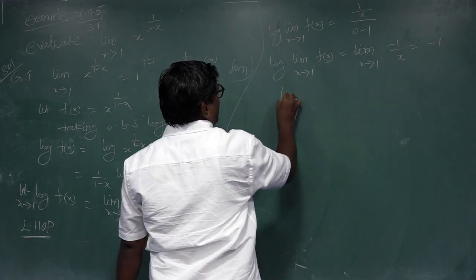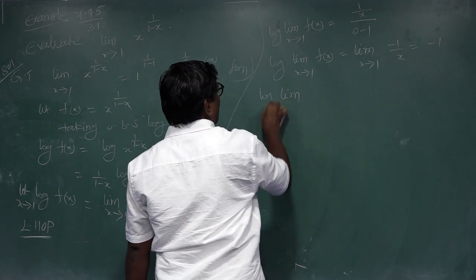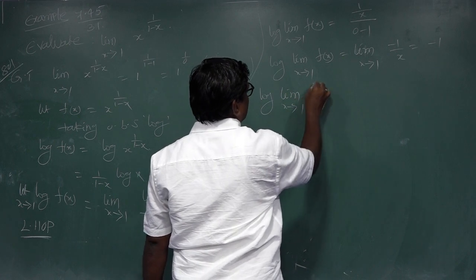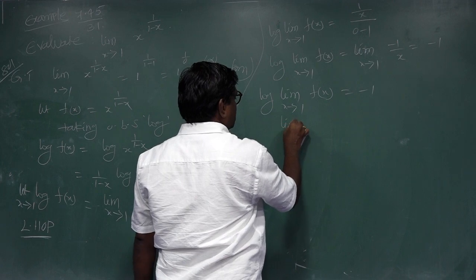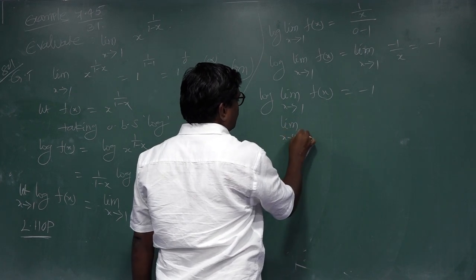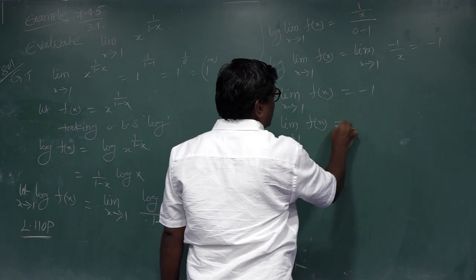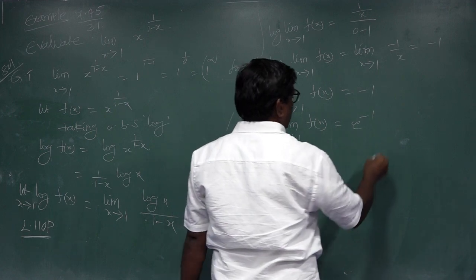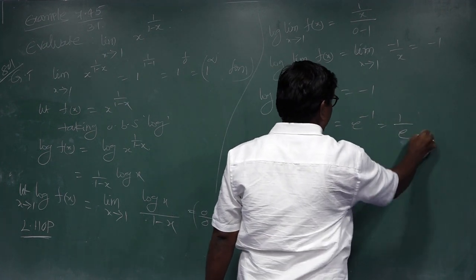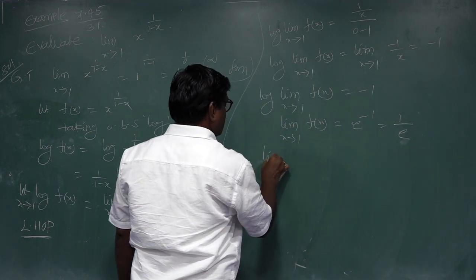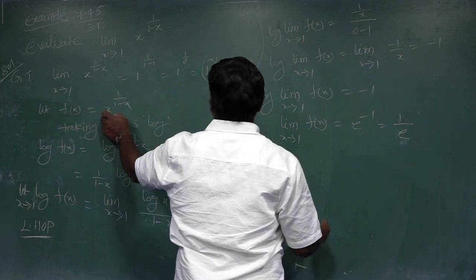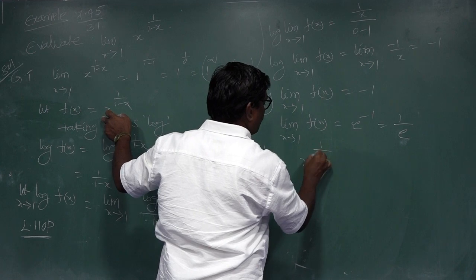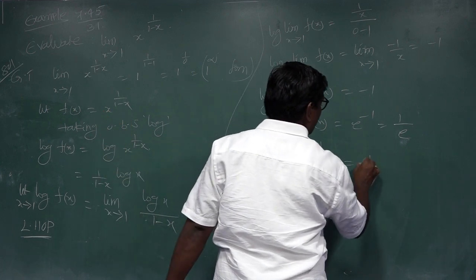Therefore the limit x tends to 1 of f of x equals e power minus 1, which equals 1 by e. So the limit of x power of 1 by 1 minus x is 1 by e.